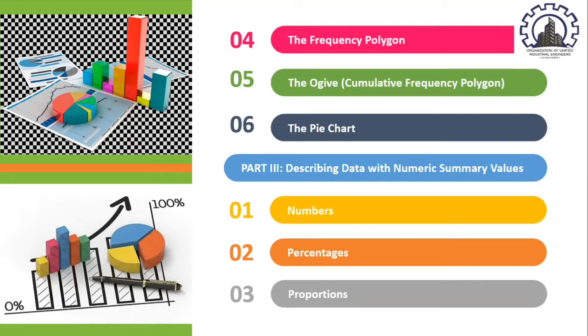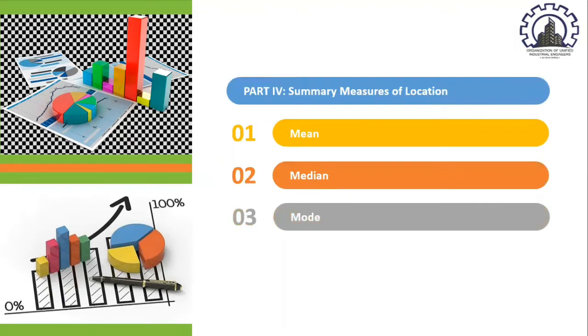For the third part, describing data with numeric summary values, we will be discussing numbers, percentages, and proportions. And finally, for the last part, summary measures of location, these are the central measures of tendency: the mean, median, and the mode.